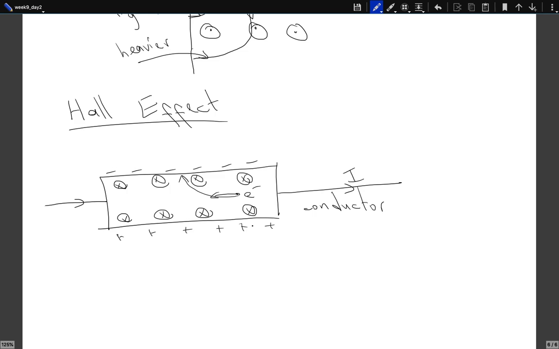So eventually, the accumulation will be such that the speed of the electron is just E_H over B. And when this is satisfied, the drift speed of the electron, E_H will increase until this is satisfied.